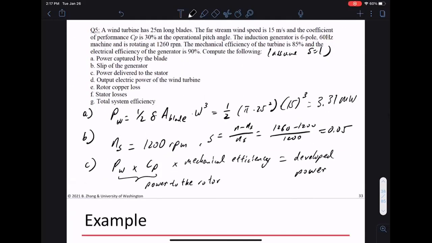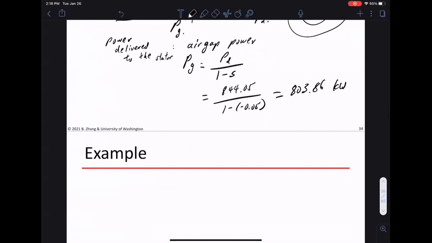The output electric power is the air gap power multiplied by 0.9, so we lose another 0.9 out of the electrical efficiency. The power out is 0.9 times the power in the air gap. This gets us to 759.65 kilowatts, the total power output.